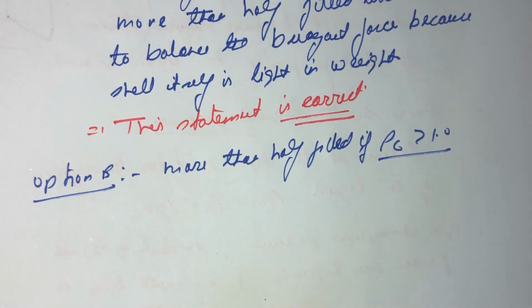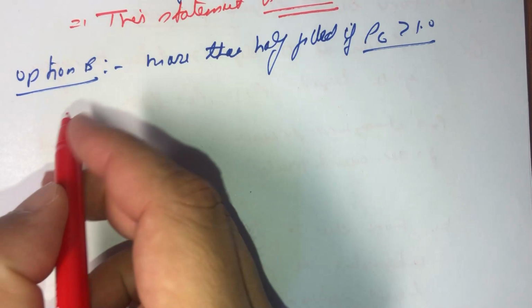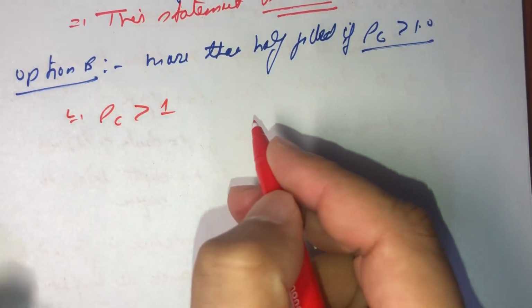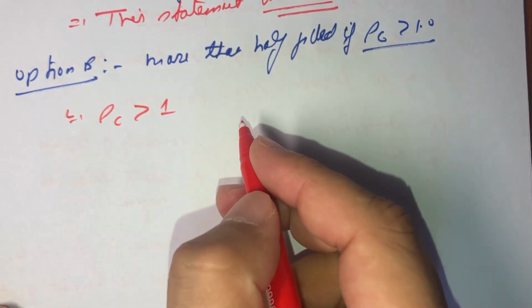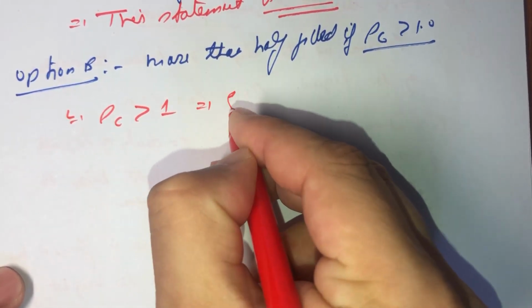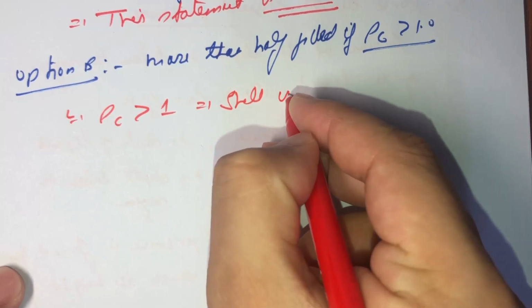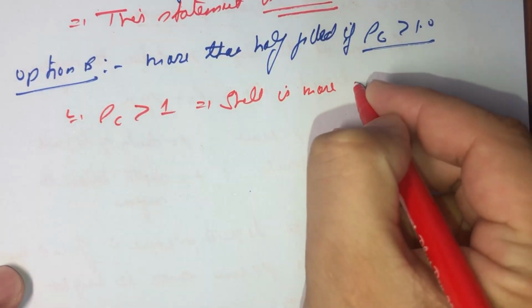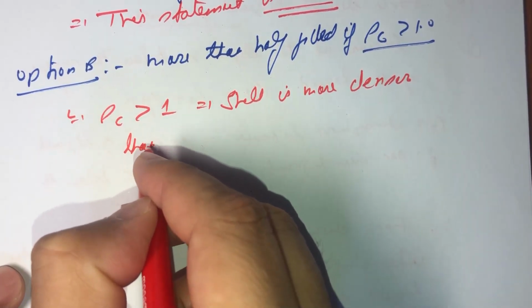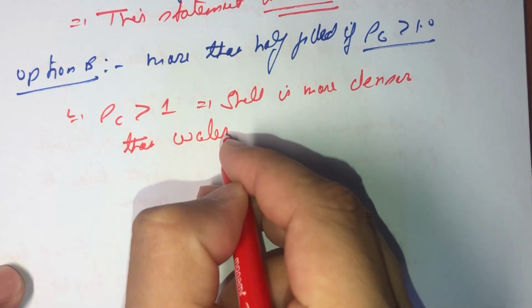So it basically means that if we have rho c greater than 1, then the shell is more dense than water.